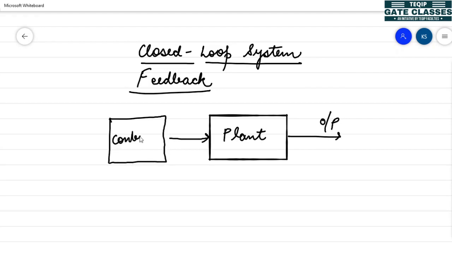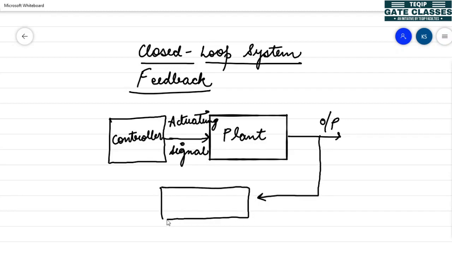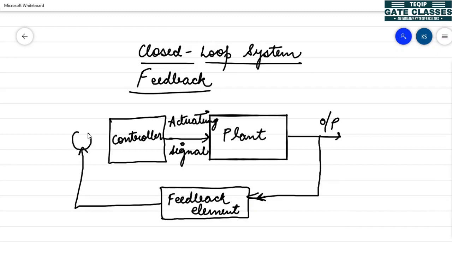A controller is connected to the plant, which is giving actuating signal to the plant. We are taking output of the plant and giving it to a feedback element, and I am comparing this with the reference input.